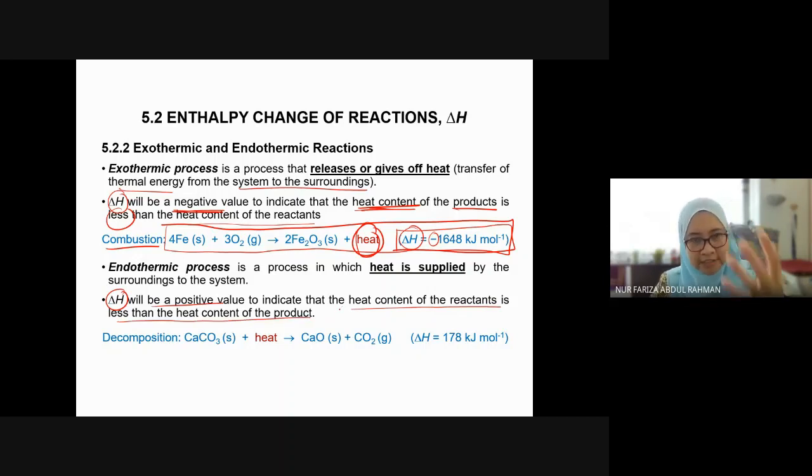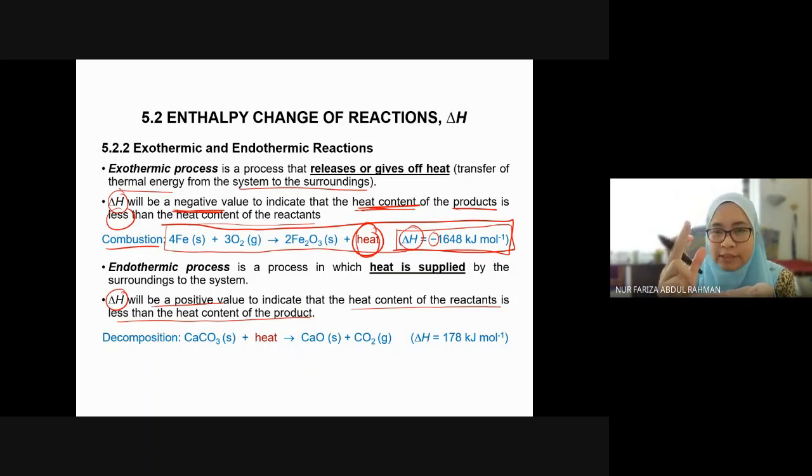So again, imagine a reaction, we have reactant and product, right? So we know that this is an endothermic process. So the system will absorb the heat or the energy, right? So initially, the reactant has lower energy, okay? And then later, it will absorb the heat.